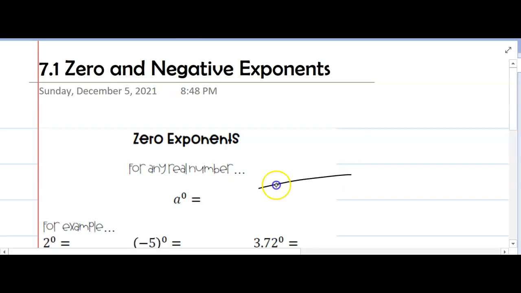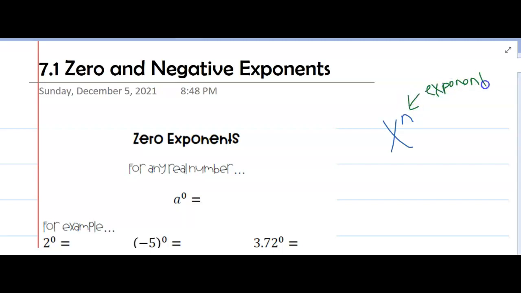And actually, before we get started, I am super guilty of incorrectly using some vocabulary here in math. What I should actually be saying is it's all about powers. Whenever we talk about an exponent, I think oftentimes we think of this whole thing, x to the n, as the exponent, when in fact the only thing that's the actual exponent is the little number.